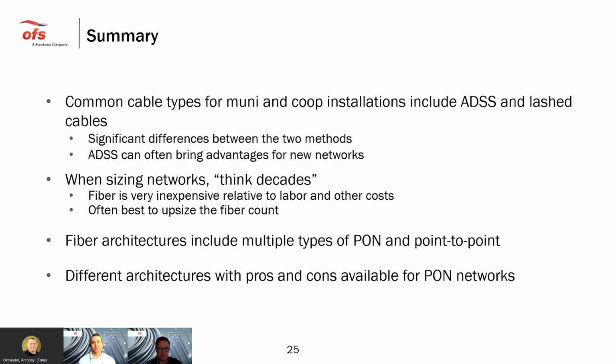You want to really right size the network for what you potentially are going to be needing down the road. And then we also talked about the different types of PON architectures, your basic GPON, and then your point-to-point. And we also touched on the pros and cons of your PON-based network architectures.